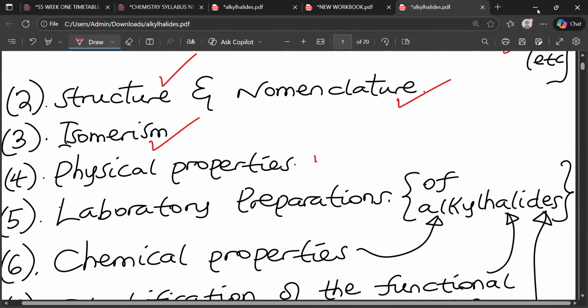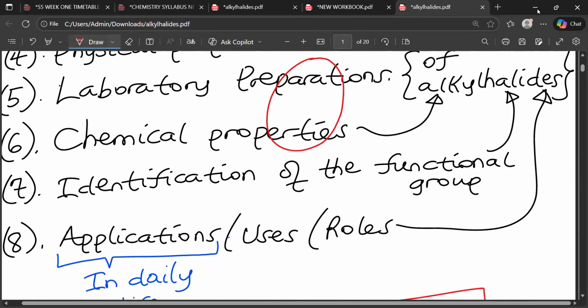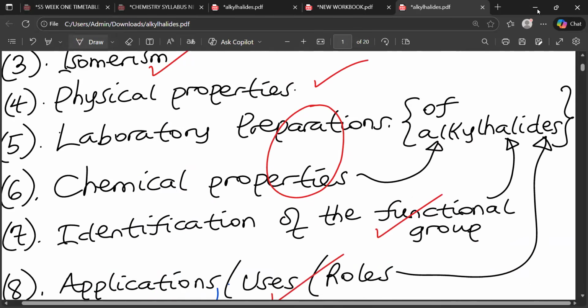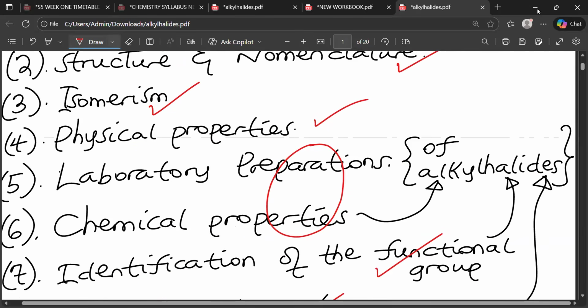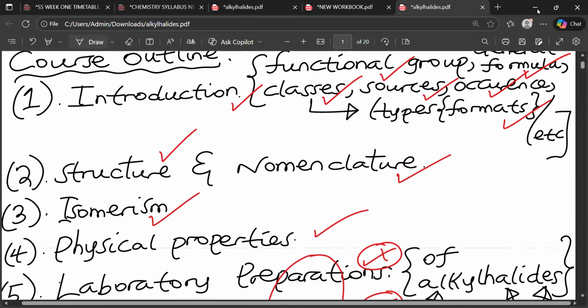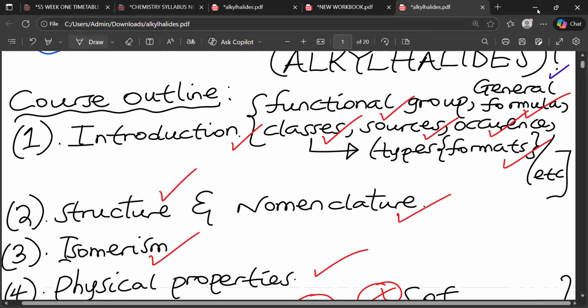Physical properties, you know what to do. Laboratory preparations, I'm going to combine them with chemical properties. Identification, I've given you directions. Applications, I've given you hints. That means we have only two things remaining and they can be handled. So at least we have covered 95% of the lesson targets and it is nice.